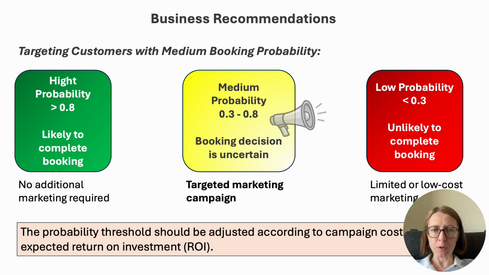The greatest opportunity is the middle group. These customers are still undecided, making them the best target for personalized marketing. The exact probability thresholds should be chosen according to the campaign cost, available budget, and the expected return on investment.